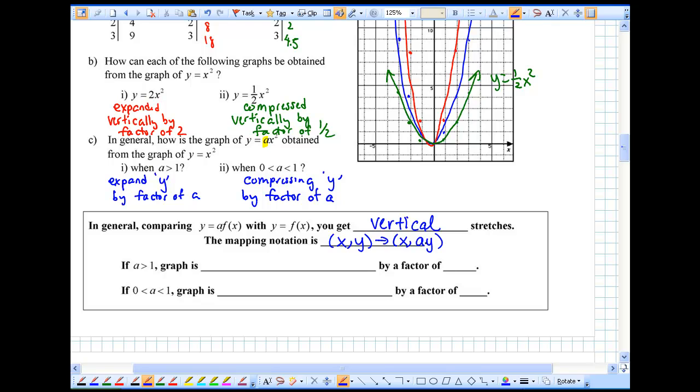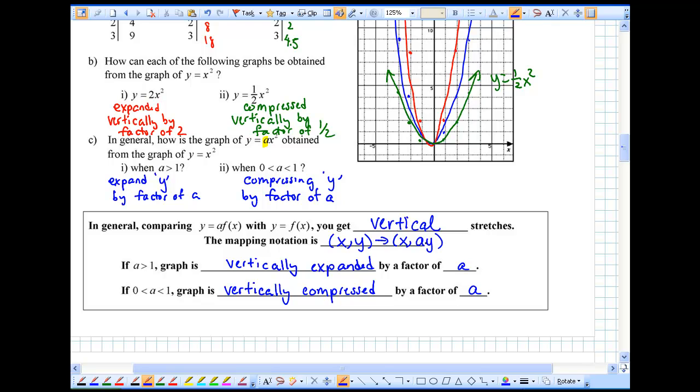And once again, if a is greater than 1, the graph is vertically expanded by a factor of a, of course. And the other type, instead of an expansion, is called a compression. So this is vertically compressed by a factor of a.